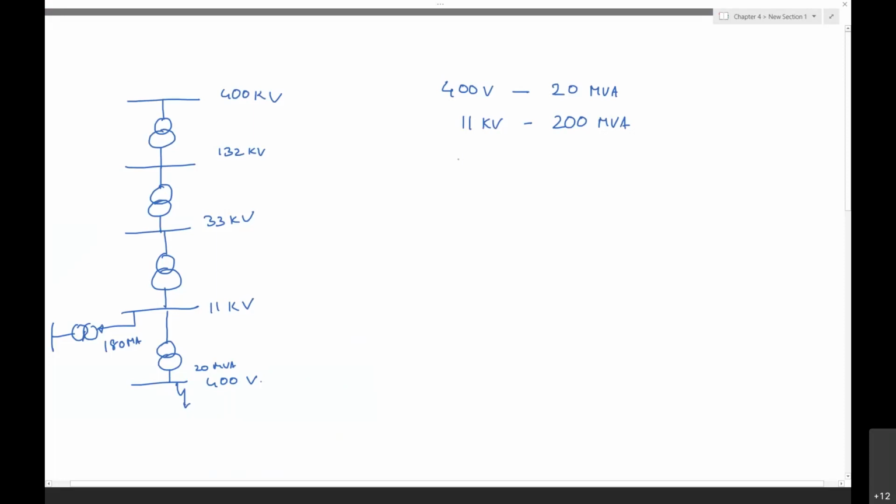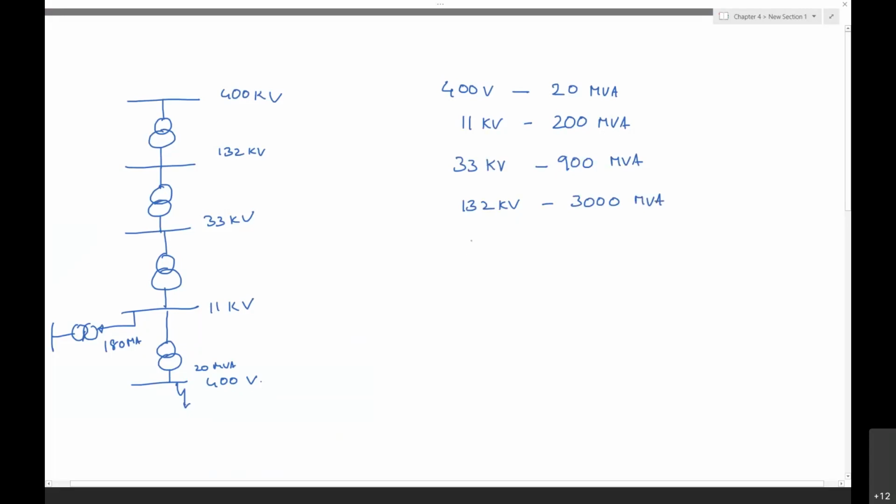At the 33 kV line, the MVA rating is around 900 MVA. At the 132 kV line, the MVA is 3000 MVA.